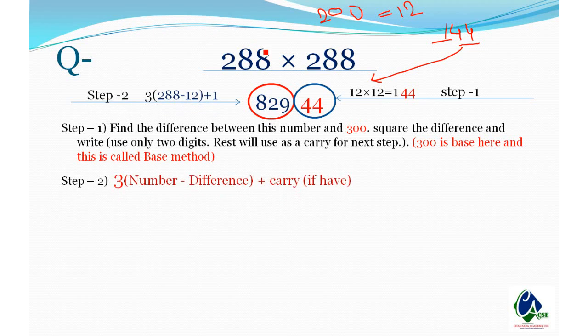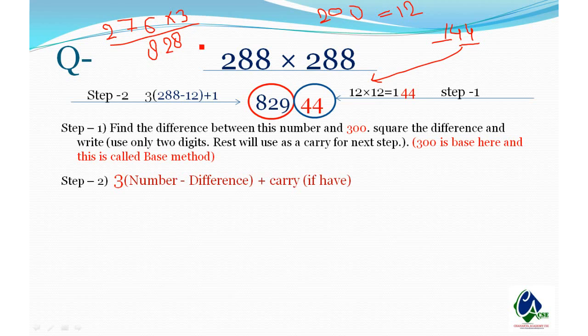We just minus this 12 from 288 and we get 276. Here, because our base is 300, we multiply this number with 3 and we get 828.